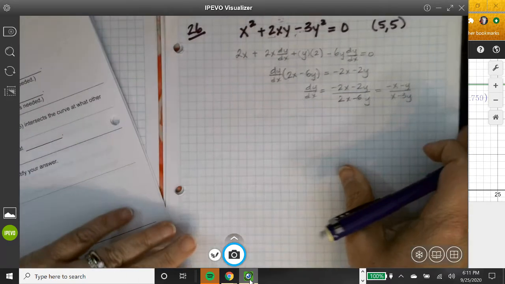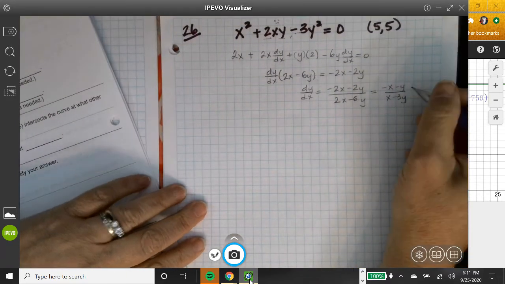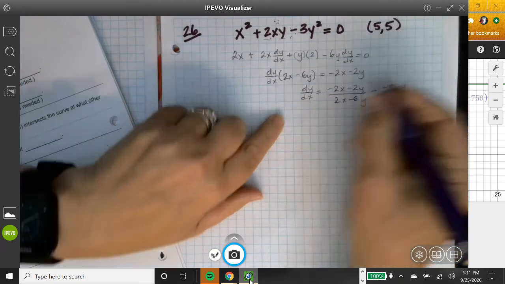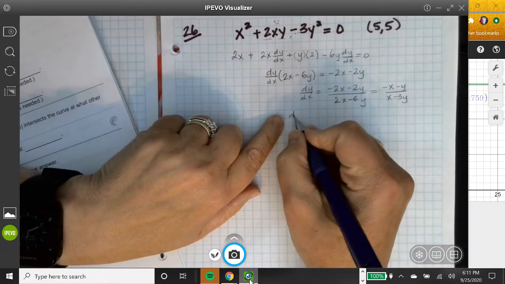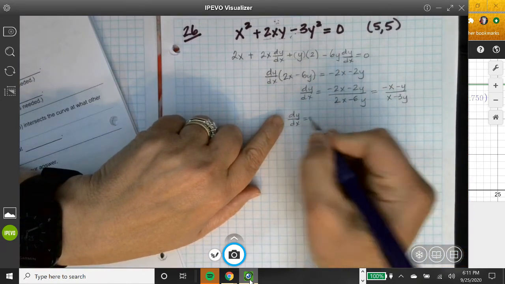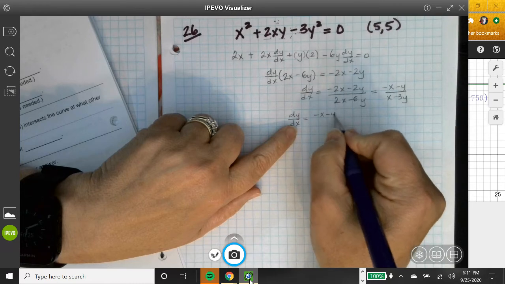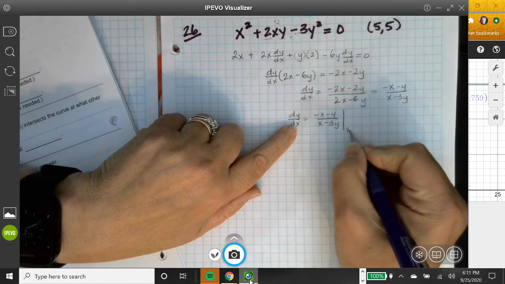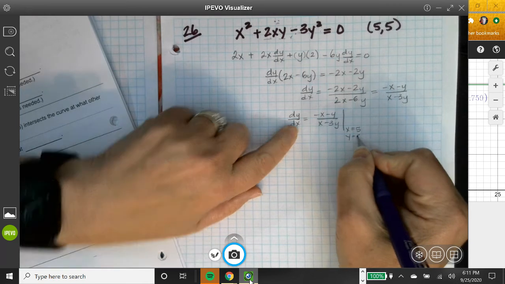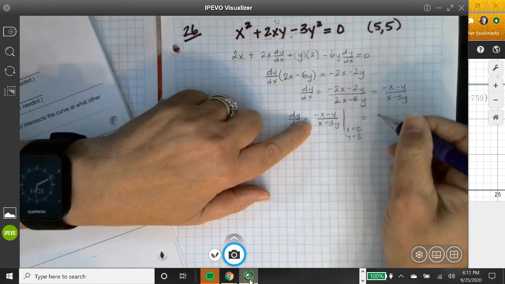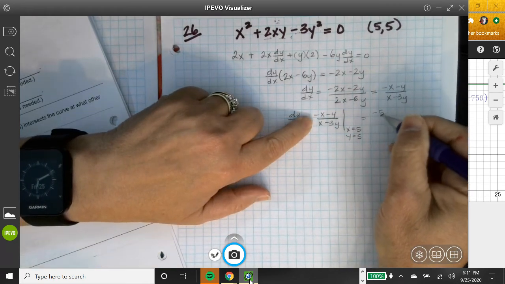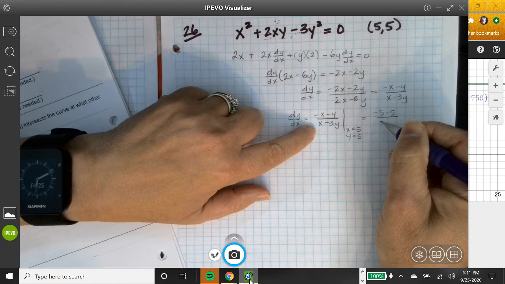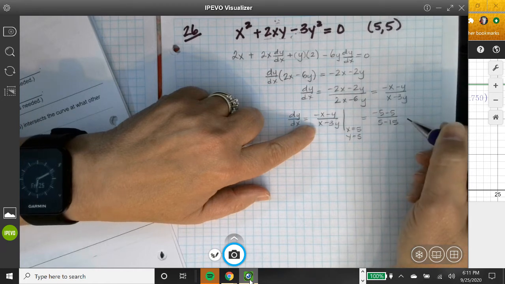All right, so I'm going to find the slope at 5, 5. Okay, so dy/dx is equal to negative x minus y over x minus 3y, such that x equals 5, y equals 5. All right, and we get negative 5 minus 5 over 5 minus 15.